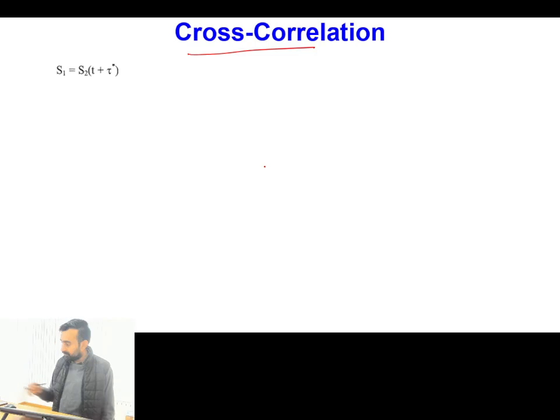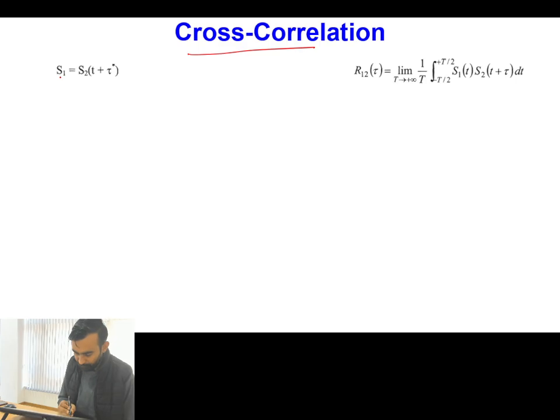So this is what is explained in the form of slides. We can say that a signal is self-similar when S1 becomes equal to S2 at t plus tau star. And how do we determine tau star?